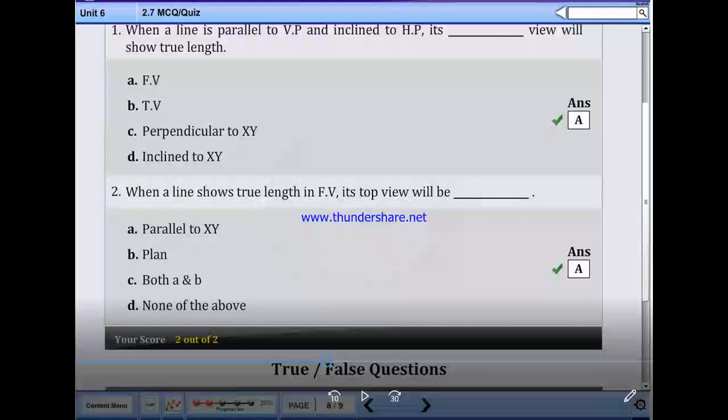Front view, top view, perpendicular to XY, inclined to XY. Answer is front view. When a line shows true length in front view, its top view will be: parallel to XY, perpendicular to XY, both A and B, none of the above. Answer is parallel to XY line.